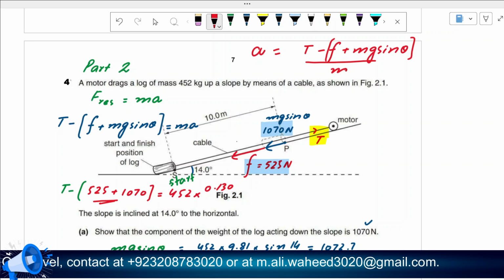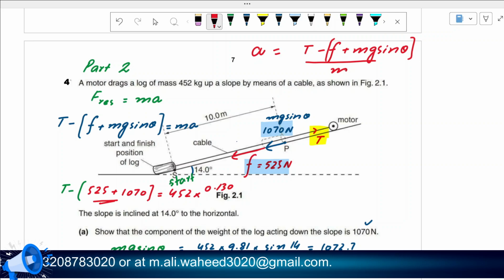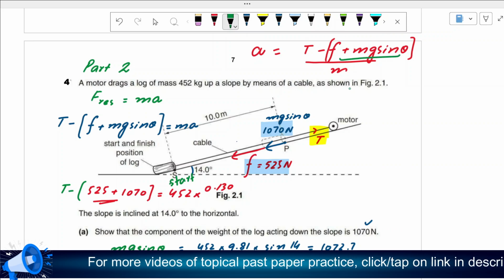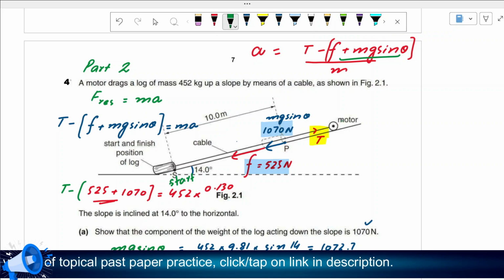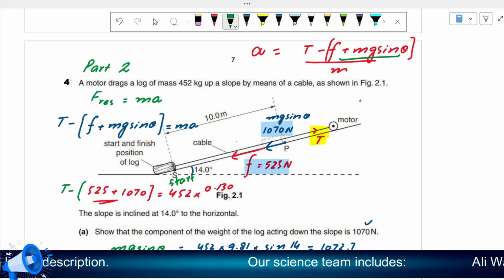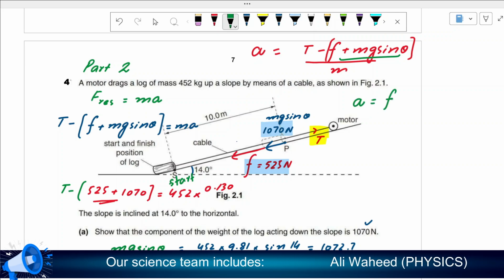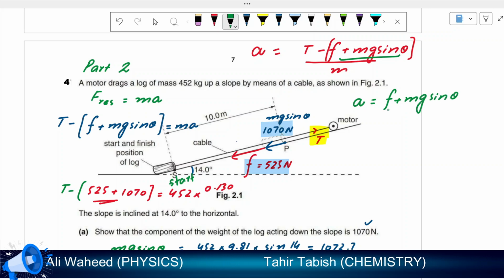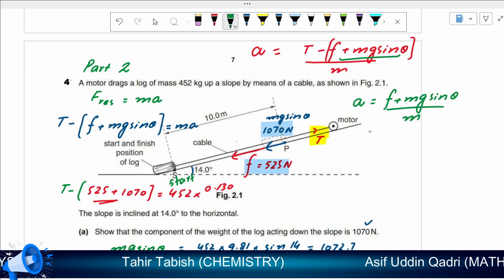So this is the acceleration when the tension was there, when the cable was there. So T minus something. We do have the value of this also, by the way, and the acceleration was 0.130. If tension is not there, what is the new value of acceleration? It would simply be F plus mg sine theta divided by mass.